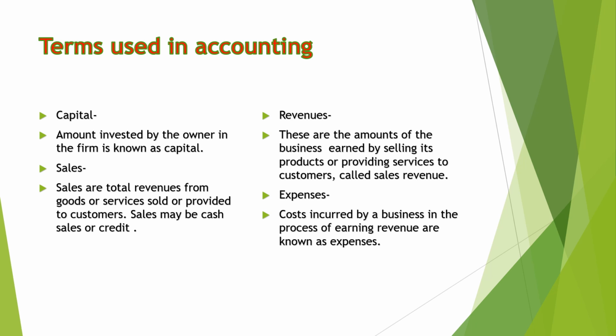Another, what is capital? The amount introduced by the owner is called capital. Sales are the total revenue. It may be cash or credit. What is revenue? These are the amounts a business earns by selling its products or providing services to customers, called sales or revenue.